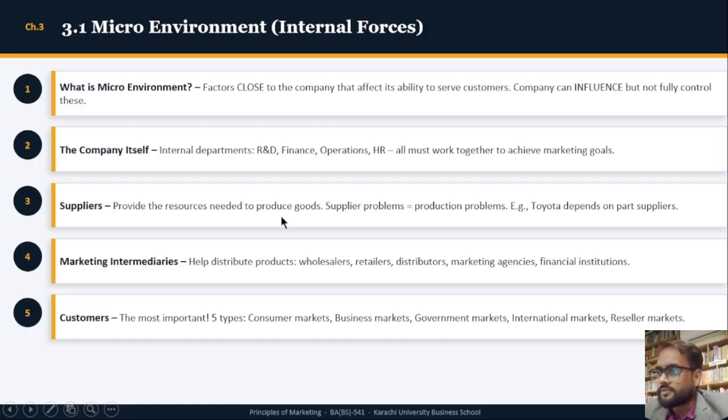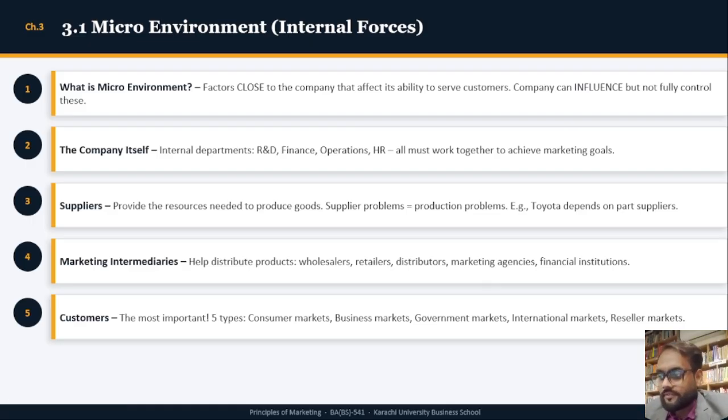The company itself, meaning internal departments, research and development, operations, are all part of the micro environment. Second, suppliers come in the category of micro environment. Your marketing intermediaries, like your distributors, retailers, and marketing agencies, also come in this category.